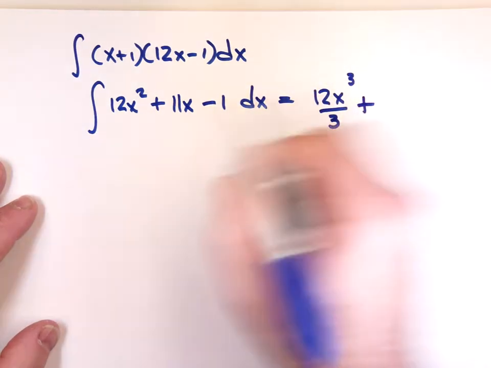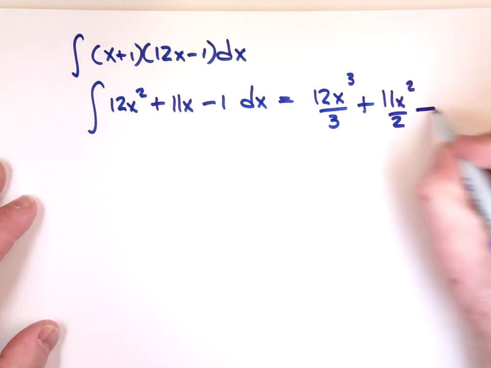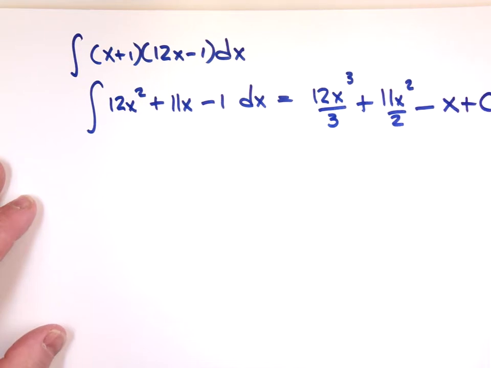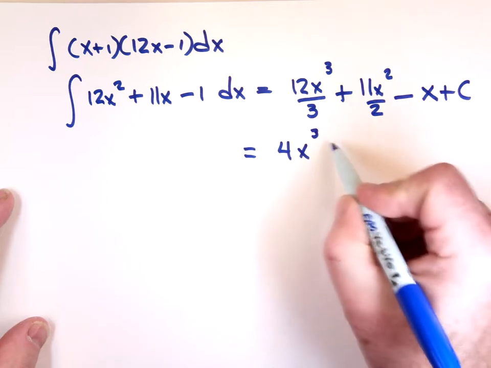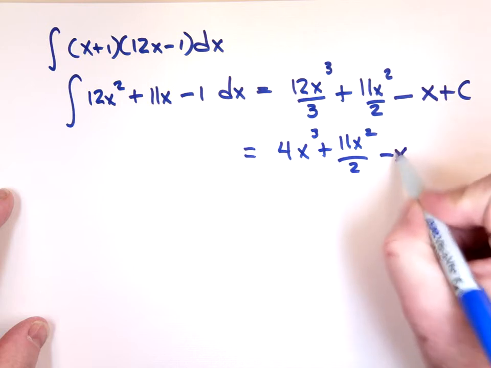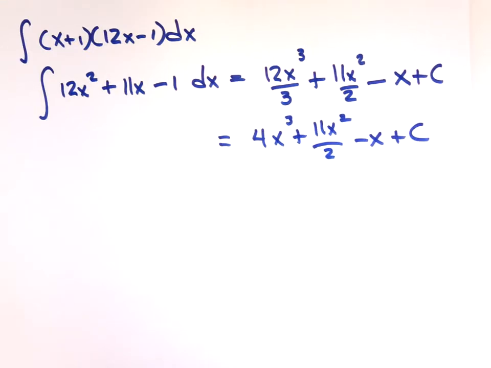The 11x would be 11x squared over 2. And the integral of 1 is x. And then you should simplify 4x cubed. And not much to do there, and that would be your answer. That's what you're going to have to do on something like that. Okay?